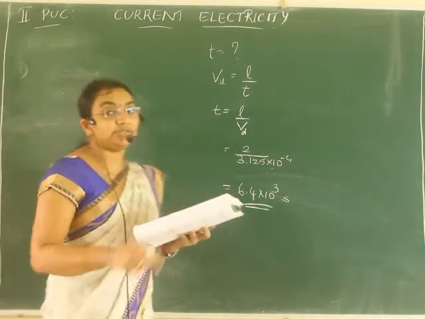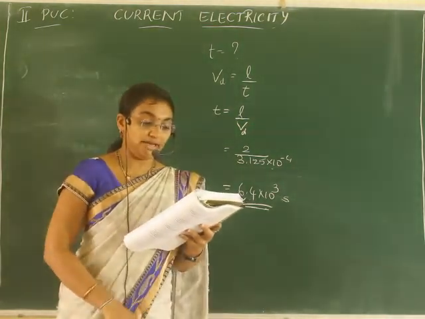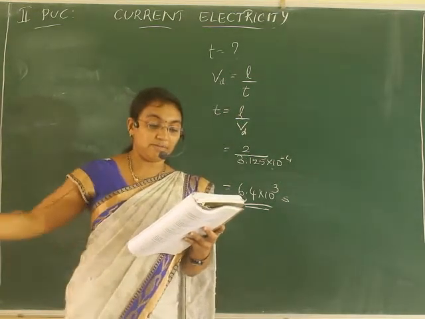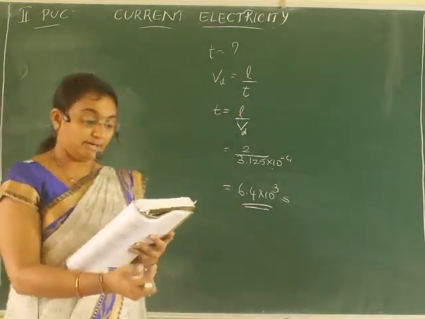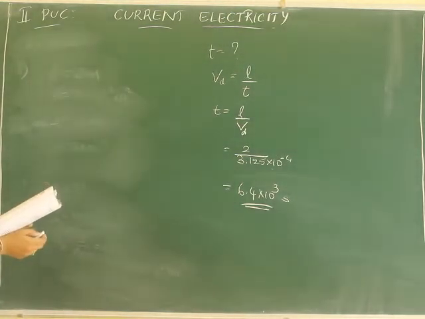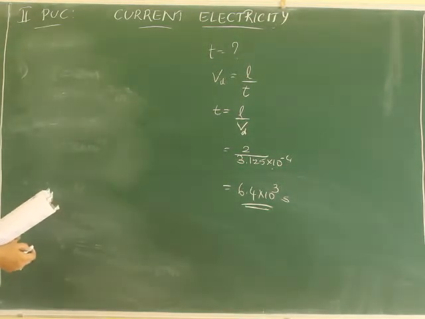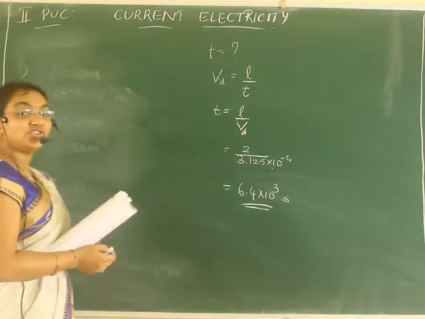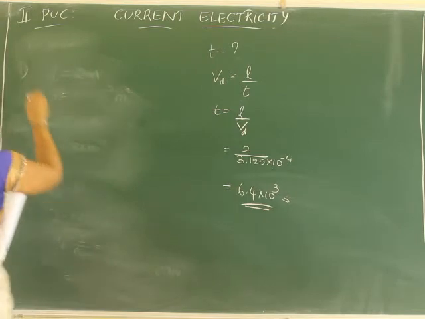Assuming the density of the electrons to be 8.5 into 10 to the power 28 per meter cube, find the magnitude of current density and drift velocity. Current density is nothing but J, correct? Okay, third question.